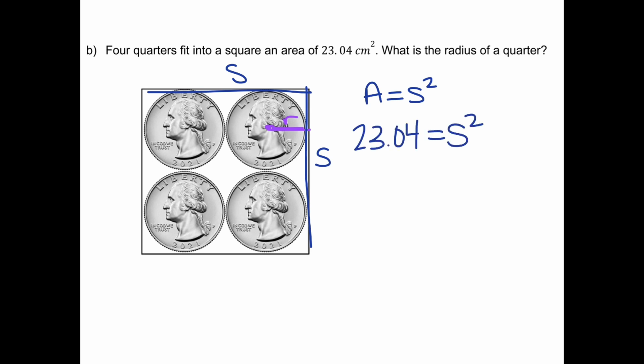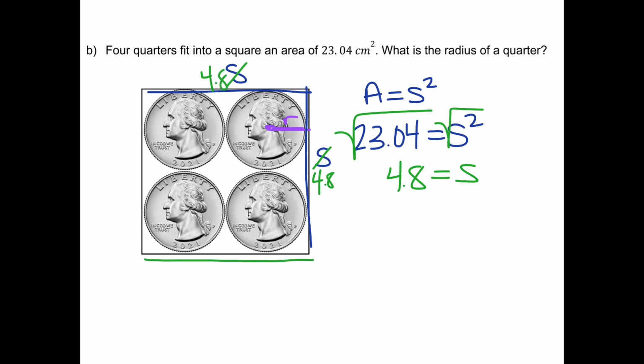So we're just going to square root both sides to figure out the value of one side. So if we take the square root of 23.04, the calculator will give you 4.8. So that means that instead of an S, I can write 4.8 here. And I'm going to label it down on this side to make it a little easier to look at.